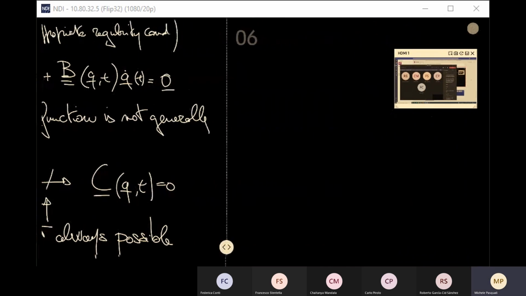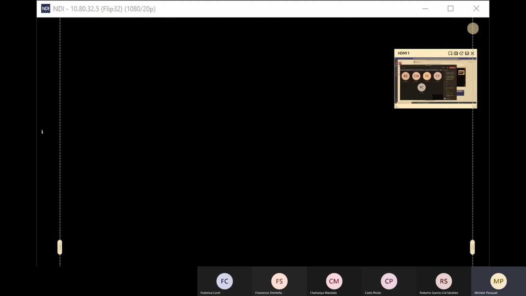To clarify a little bit this kind of relation that exists between holonomic and non-holonomic constraints, we can also, as is typically done in the literature, distinguish between constraints which are called geometric and kinematic.